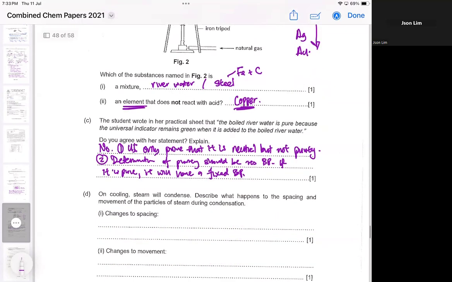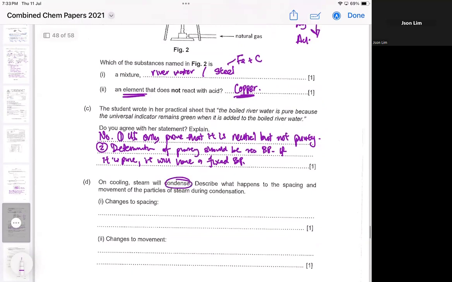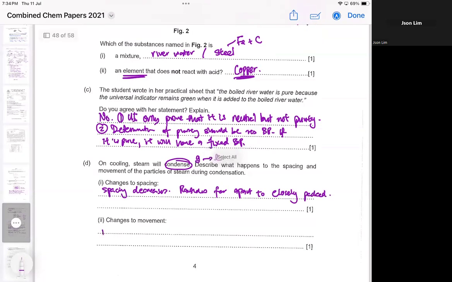Okay, so condensation is your gas to liquid. So the question is about changes in the spacing. Because of a gas, you'll say that the spacing decreases. So the particles went from far apart to closely packed in a liquid. Then for movements, generally, I will say that the movement slows down.